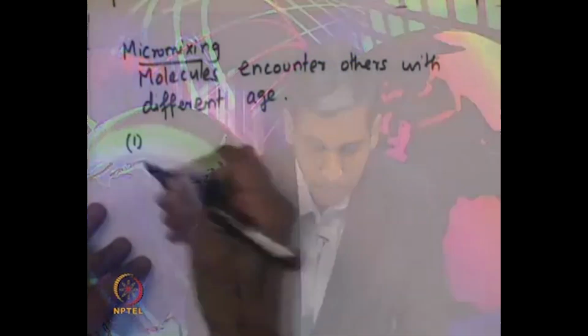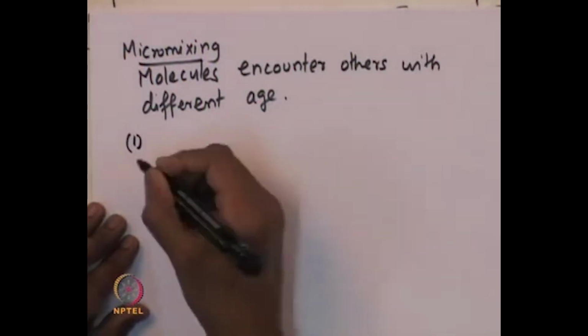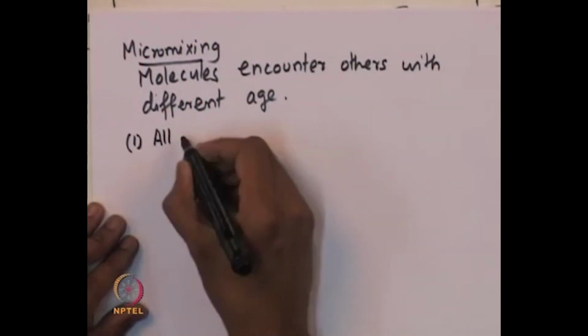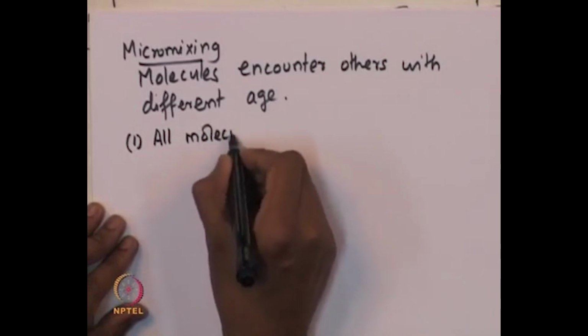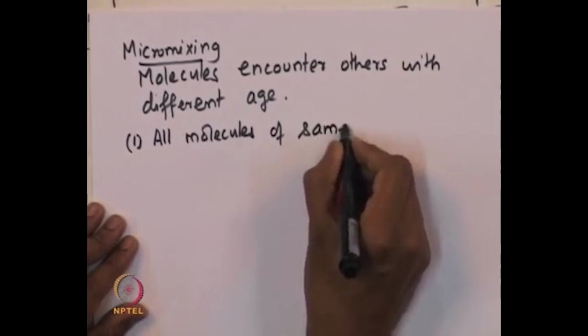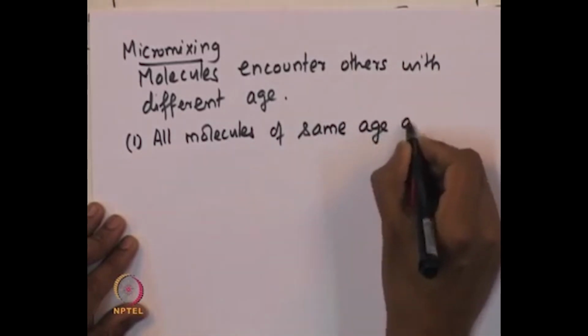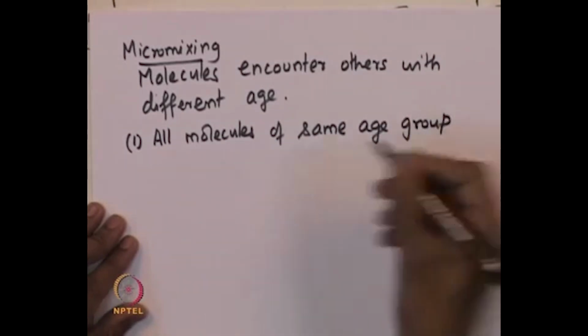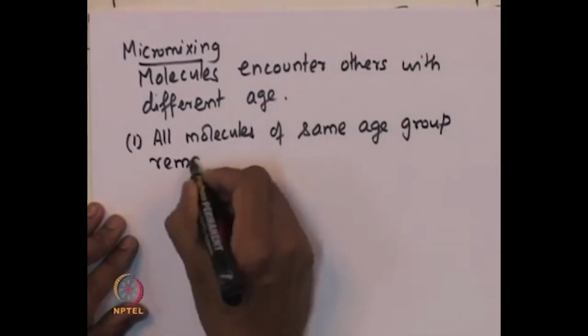So, now there are two aspects associated with micro mixing. The first aspect is where all molecules of the same age group remain together.